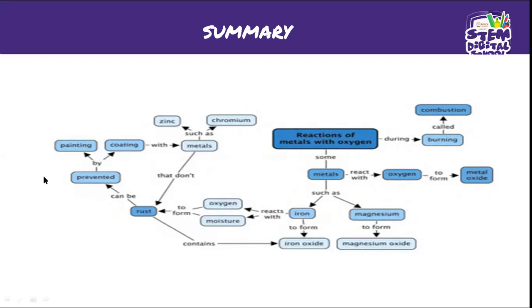And then we see that this rusting is an everyday problem, so it can be prevented. So how can we prevent it? By painting and coating. Then coating with metals. When we coat with metals, we can use zinc and we can use chromium to coat the metals.